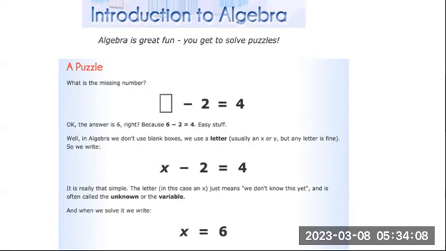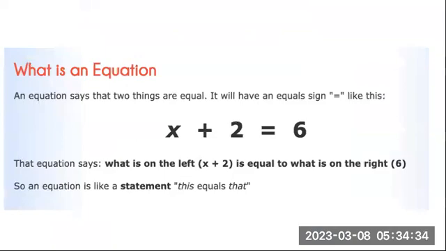The letter in this case, remember, is the X, which just means we don't know what number it is, and it is often called the unknown, or what we call a variable. So we know that X, which is the missing number, is equal to 6 because 6 minus 2 is equal to 4.